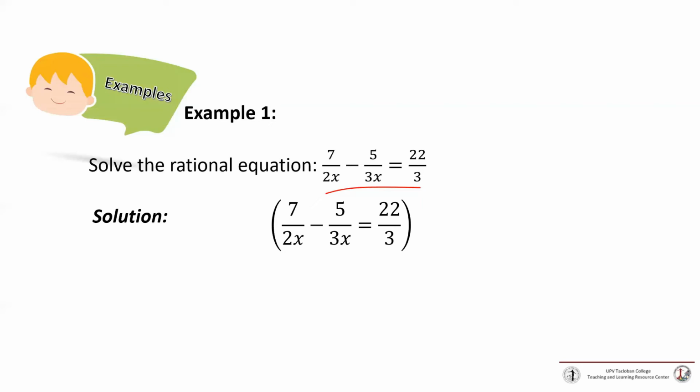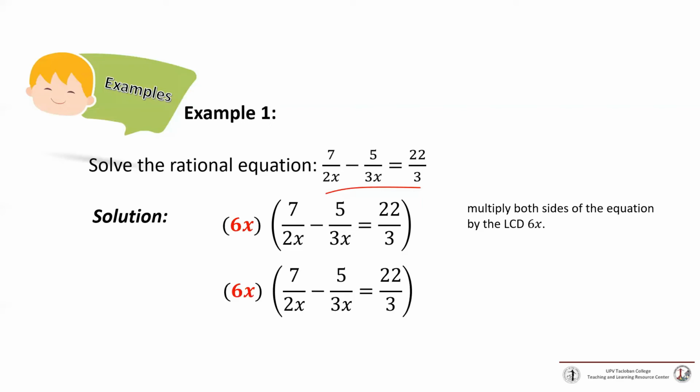The next step is to multiply both sides of the equation by the LCD 6x. So that's 6x times the quantity of the equation. We multiply 6x in both sides. Use the distributive property to simplify this.